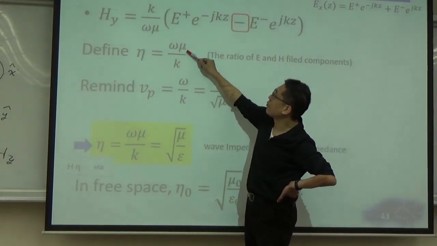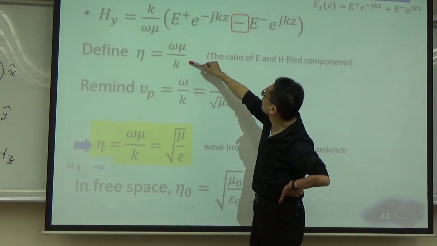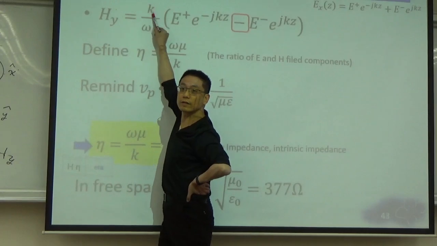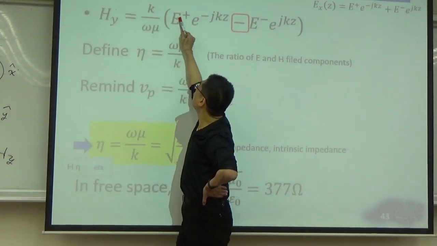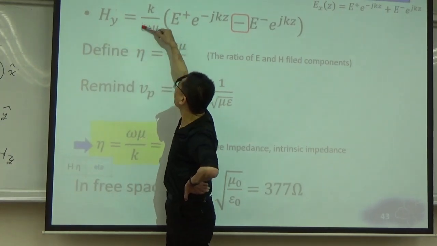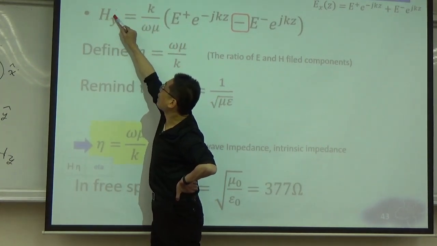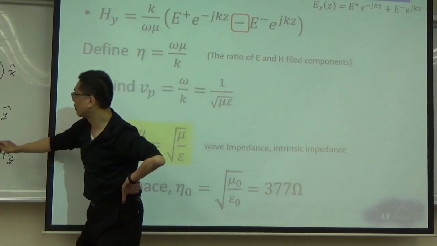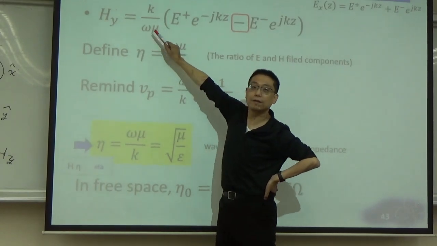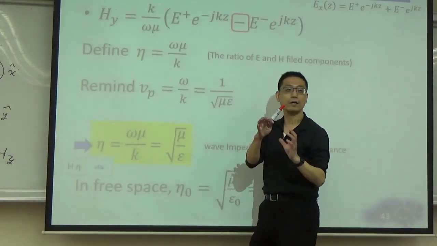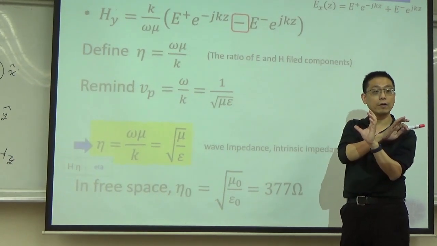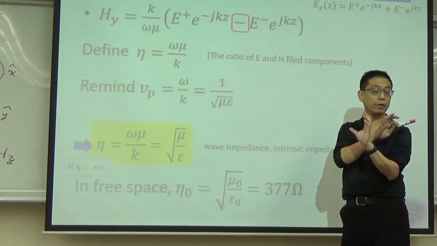It is the ratio between E and H. E equals something multiplied by H. So this one is the relationship, the ratio between the E field and the H field. Only the magnitude, not the direction.